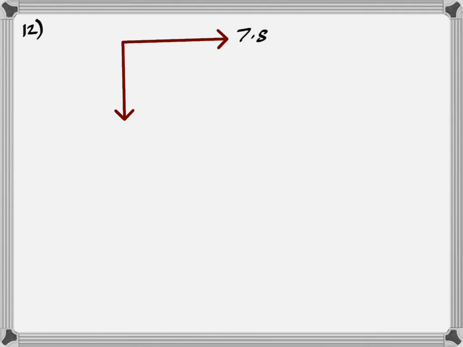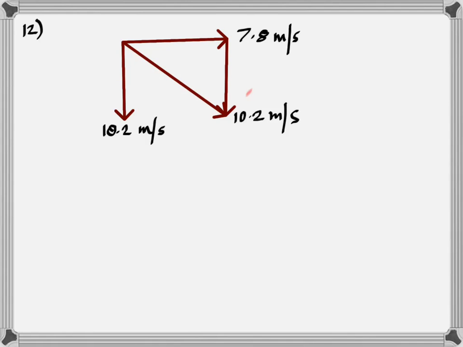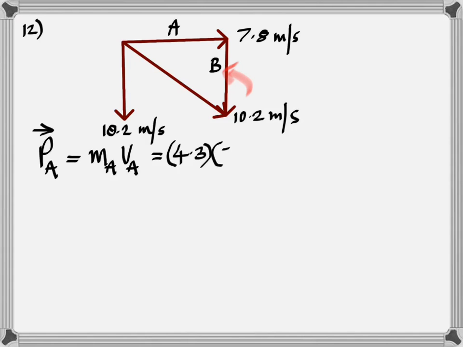In number 12, the two eagles are moving at right angles to each other. And all you got to do is find the resultant. We call them A and B. The momentum of A is of course the mass multiplied by the velocity. Gives 33.5 kilogram meter per second.